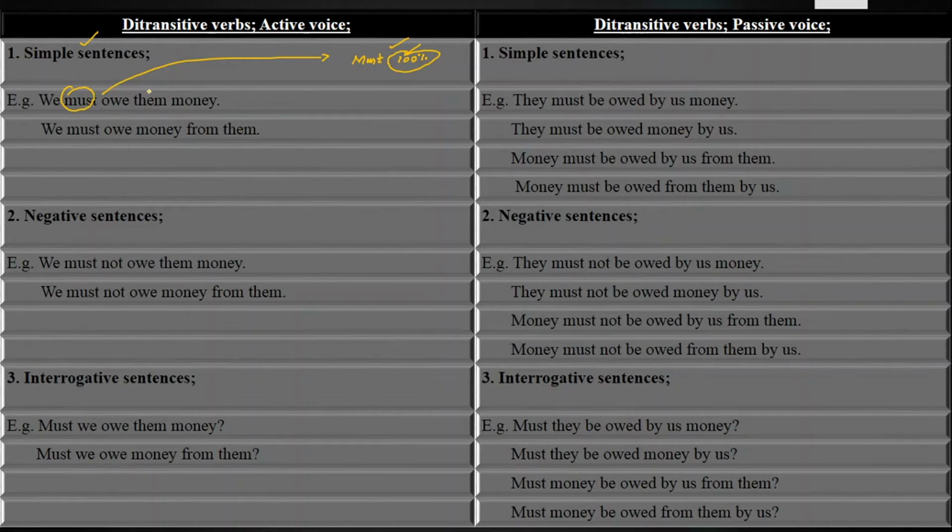There are two ways to write them in active voice: we must owe them money, and we must owe money from them. Our main target is how we are going to change it from active voice into passive voice. For that, when you bring your subject we into the place of the object, you make it by us. So over here, by us is known as your agent.